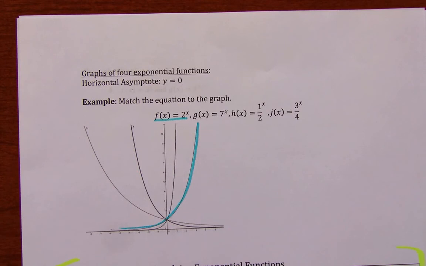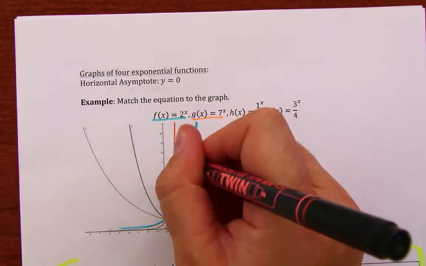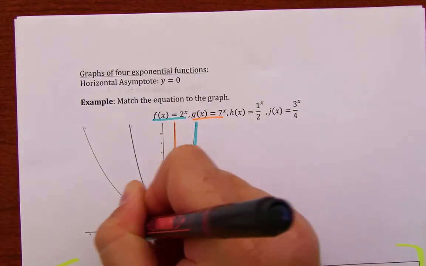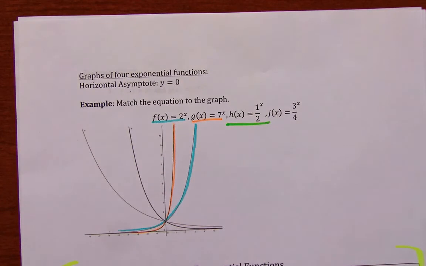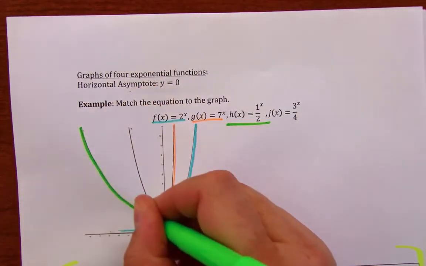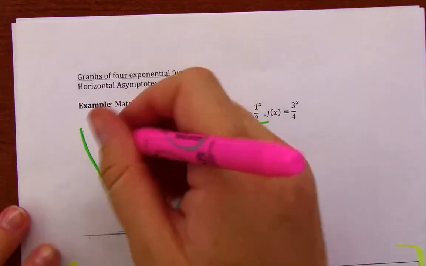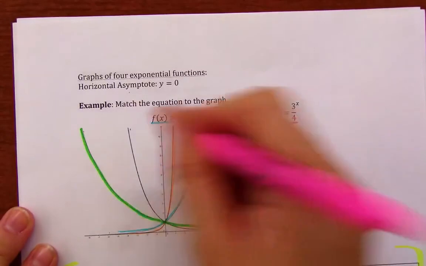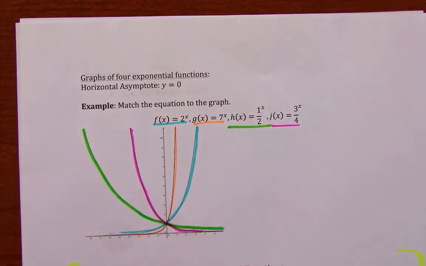I have g of x is 7^x, and that's this graph right here. I have h of x is (1/2)^x. That's this one right here. And then we have j of x, which is this one right here.